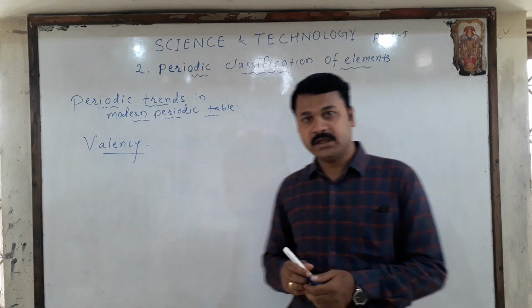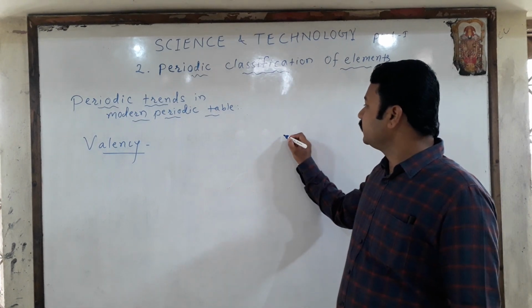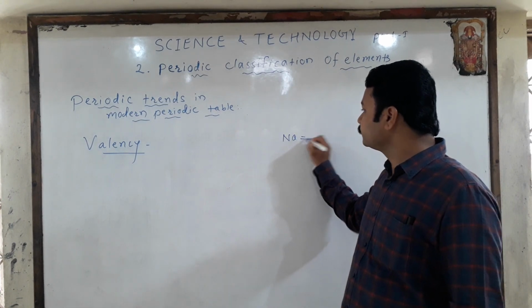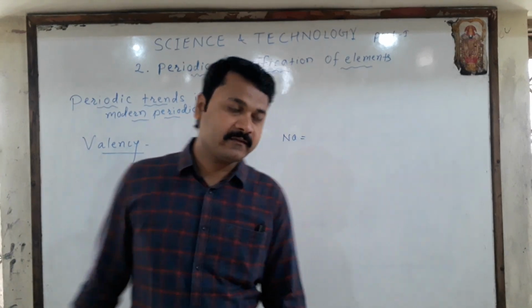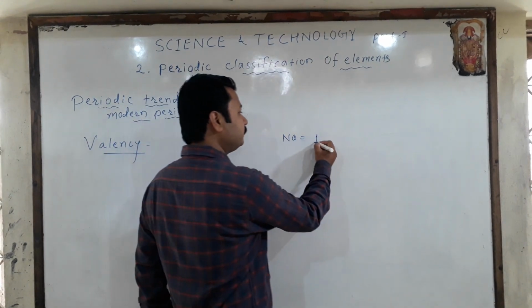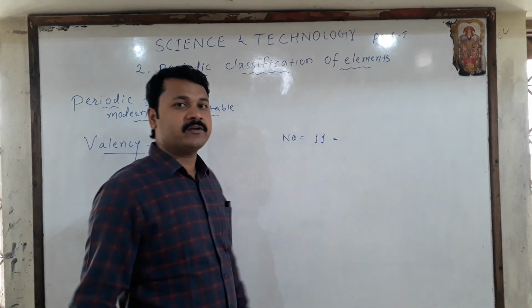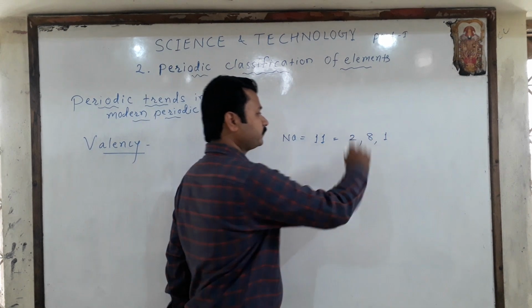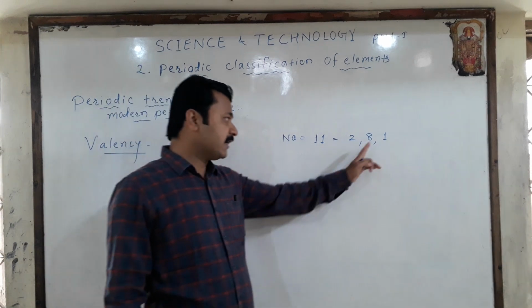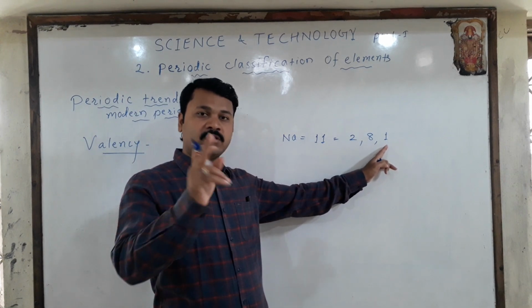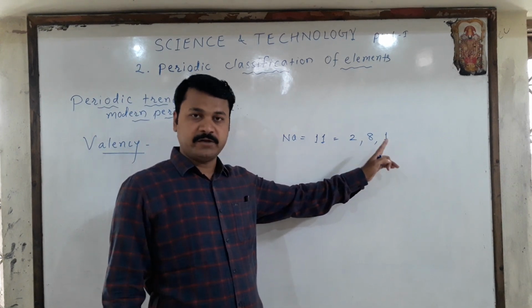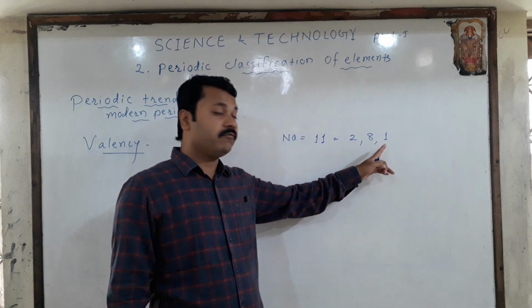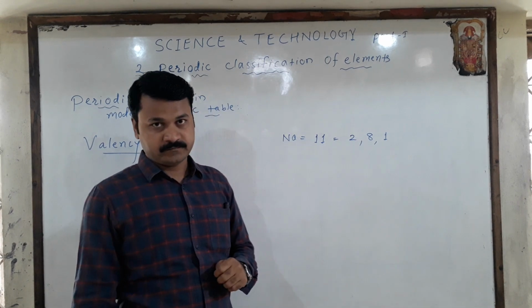For example, if we take sodium, sodium has atomic number 11. Its electronic configuration is 2, 8, 1. It has one electron in its outermost shell. It means it has one valence electron.